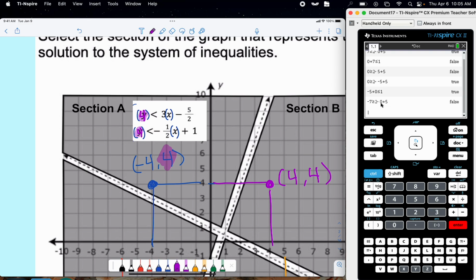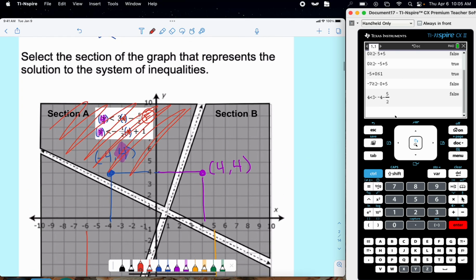Then for x, I'm going to put -4. So, same thing. 4, parentheses 4, control equals 3, parentheses -4, minus, control divide for that fraction, 5/2. And that gave me false. So one of them gave me false.